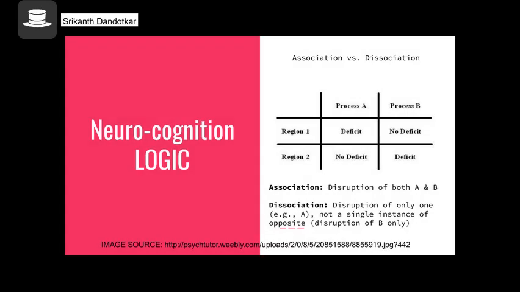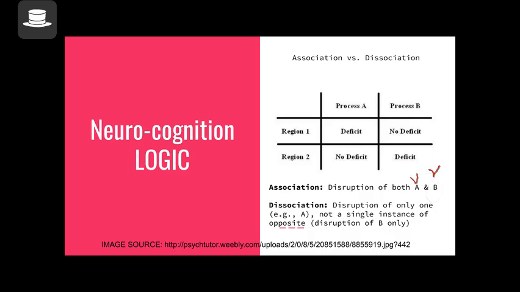So association is when both mental processes A and B are disrupted. In other words, in every instance of mental process A disruption, imagine there is a patient with brain injury and mental process A is disrupted, but mental process B is also disrupted all the time.